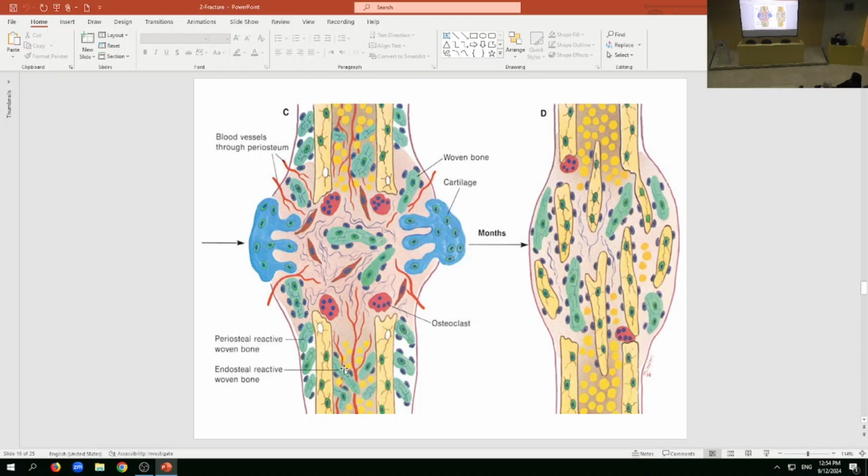Once this is done, the blood vessels proliferate further, the cutting cones come and remove all the debris. At the remodeling, you can see that the trabeculae are laid perpendicular to build up the contour, the shape, strength, integrity of the bone itself.